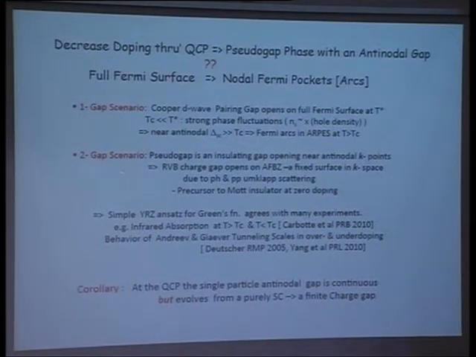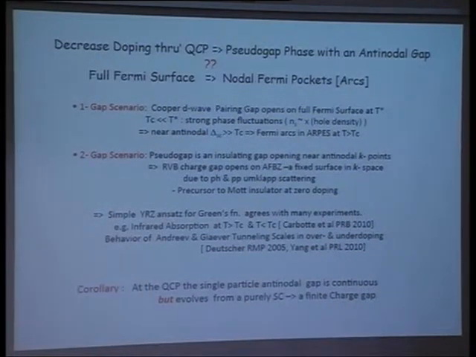Now, the alternative is a two-gap scenario, which is that the pseudogap is an insulating gap opening up near the antinodal k-points, such as an RVB gap, opening up due to particle-hole and particle-particle scattering. This is the proposal that I will be following here.